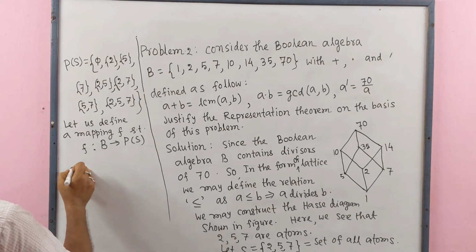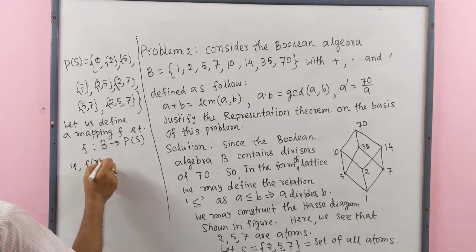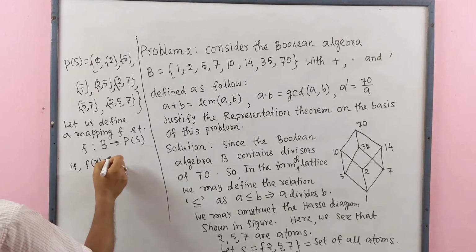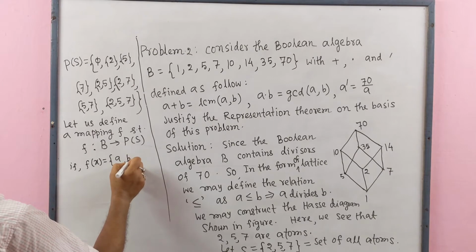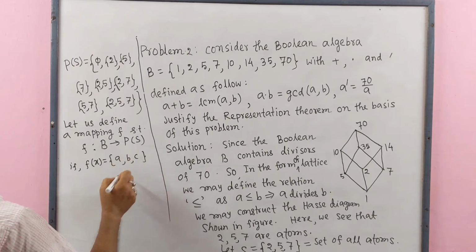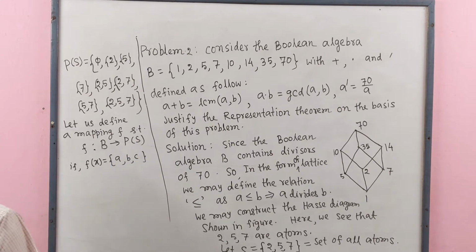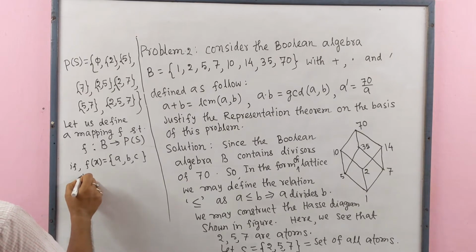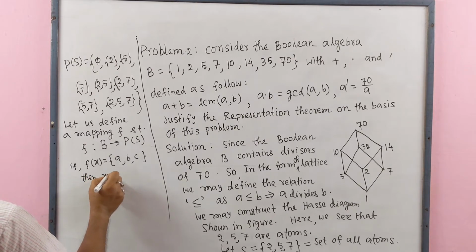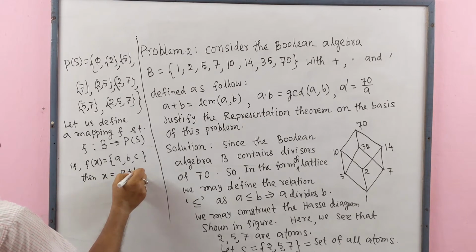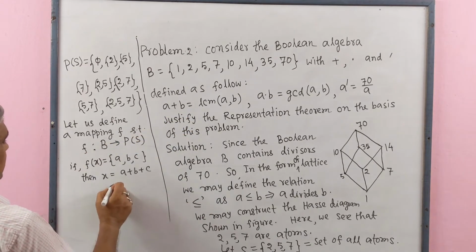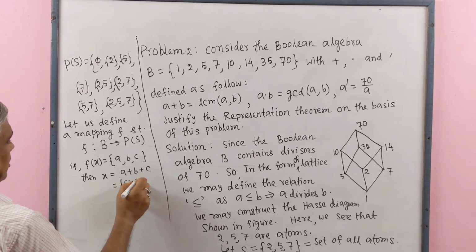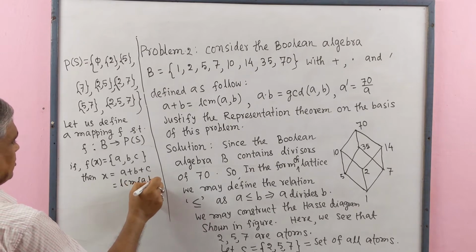If Fx equal to A, B, C, then X equal to A plus B plus C. Here plus means LCM. That means LCM of A, B, C.